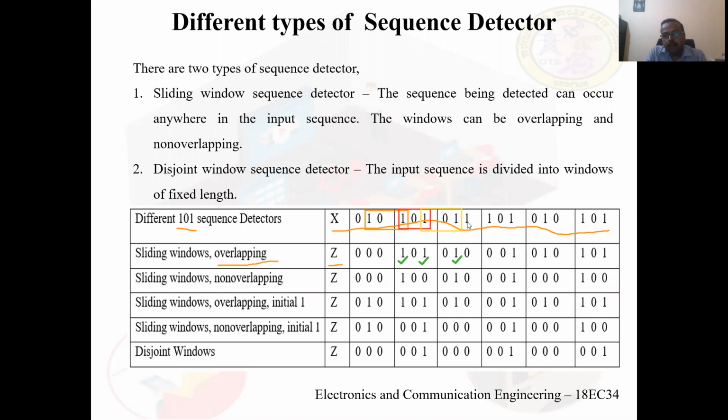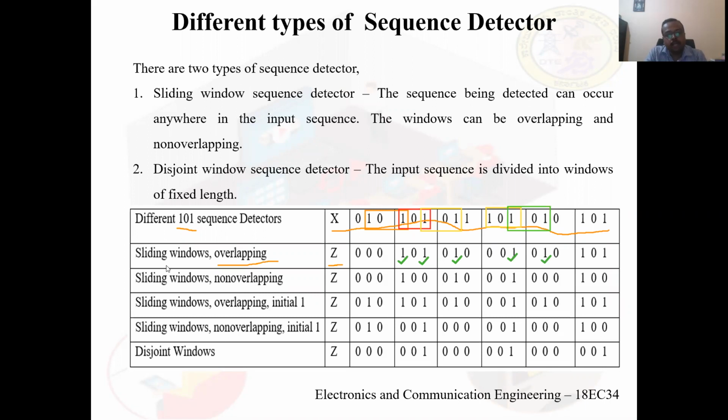Now next we have 1 here, it is 0, right? Next 1 0 1 0 0 1 and 1. Again we have the sequence 1 0 1, so the output is equal to 1. Similarly, 0 and 1. Now we have 1 0 and 1, so the output is equal to 1.